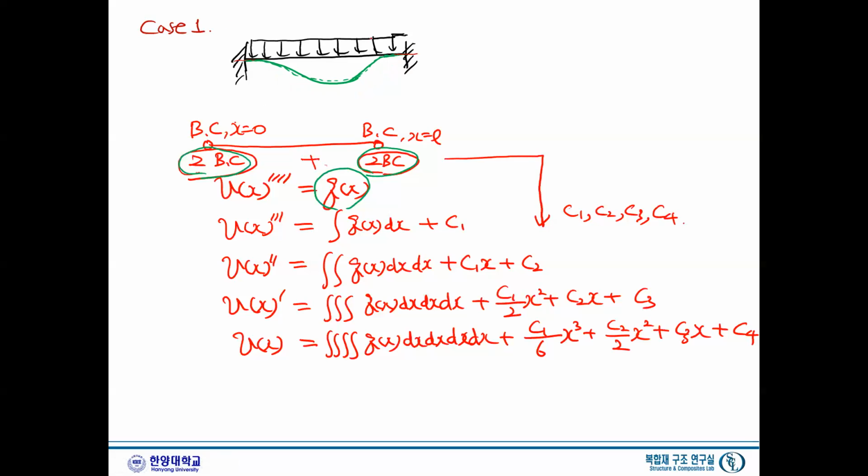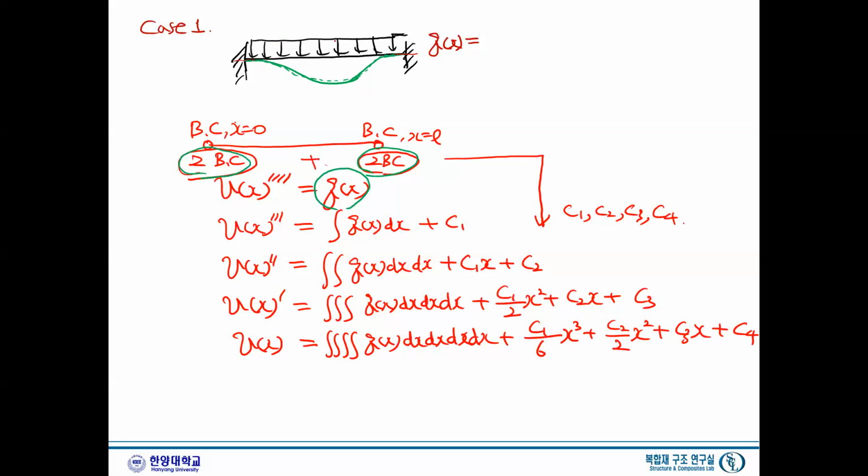A uniform load. So the uniform load q(x) is the applied distributed load, and let's try to express this uniform distributed load as a function of q(x).